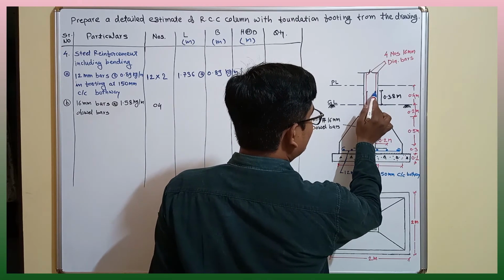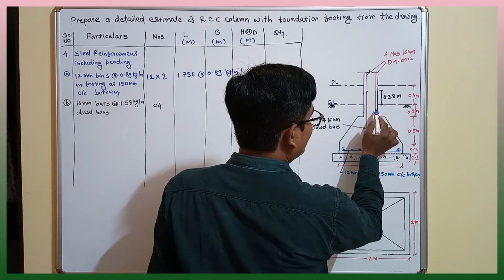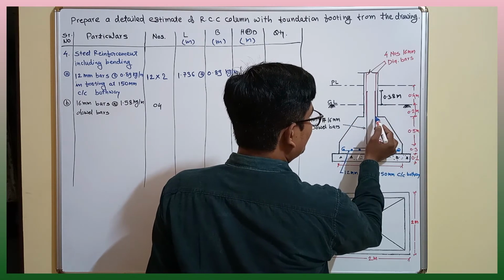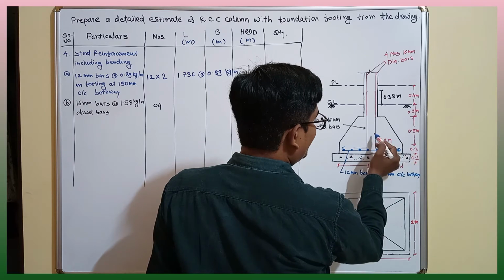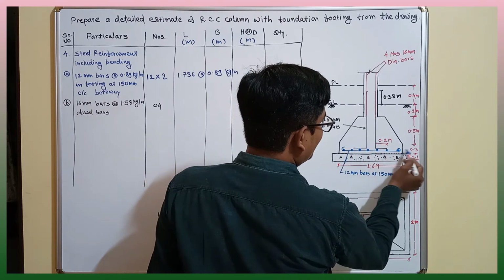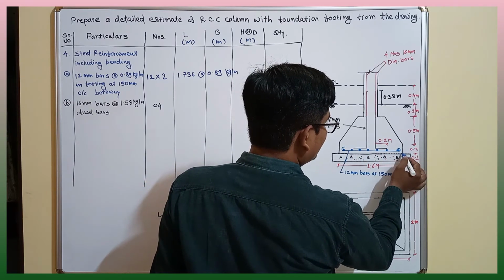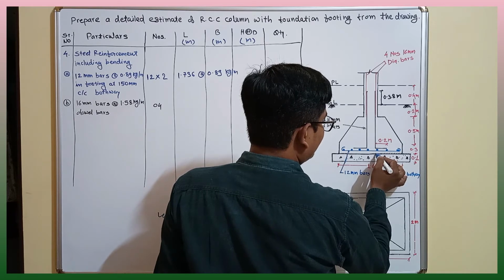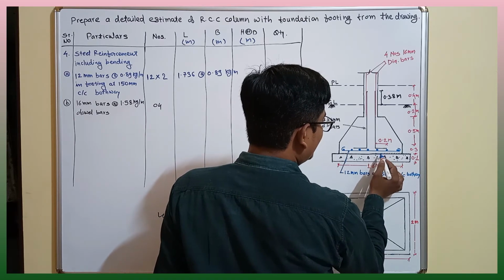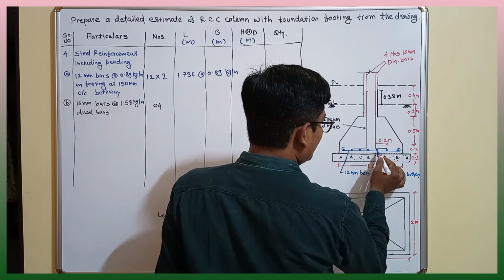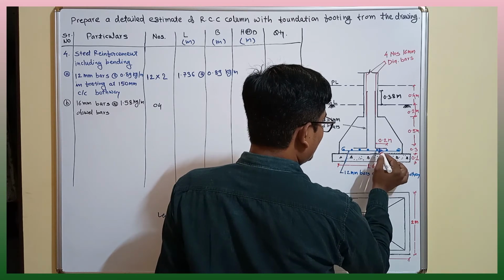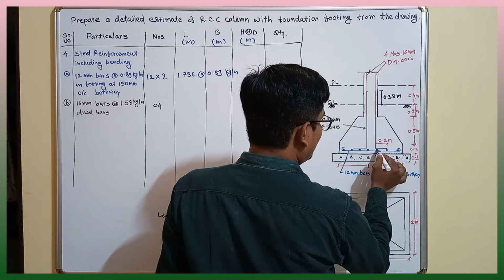See, 0.38 plus 0.2 plus 0.5 plus 0.3, but this is the total length up to this edge. So we have to deduct this bottom cover, one single bar, and this half bar.